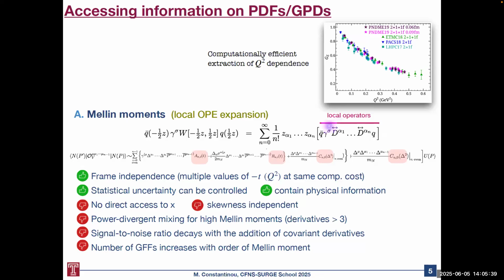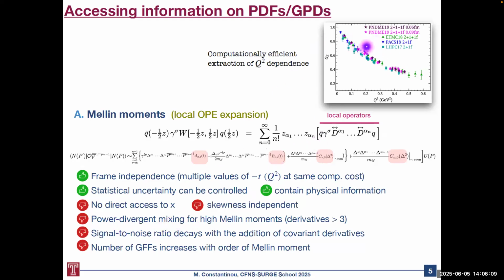So the high Mellin moments mean more derivatives. And you take this object which is local and you replace it with an extended operator where the fields move further away from each other. And when they move away from each other, they're far enough that the gauge noise enhances and so on. That's what I mean, that the signal decays.